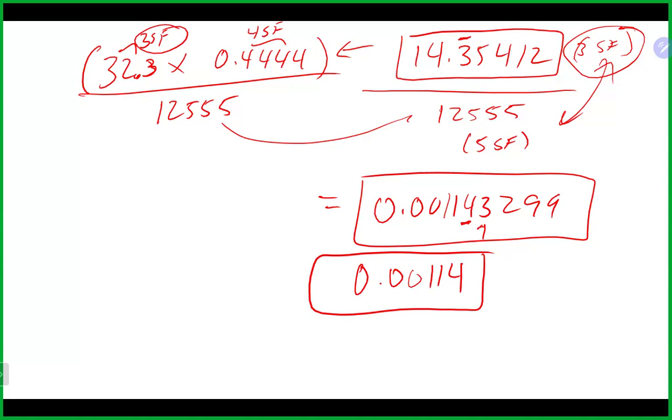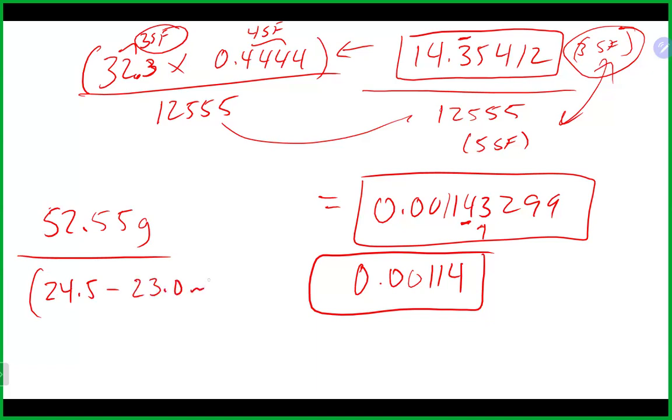For example, let's say we have 52.55 grams, and we're going to divide it by 24.5 minus 23 milliliters in this case.